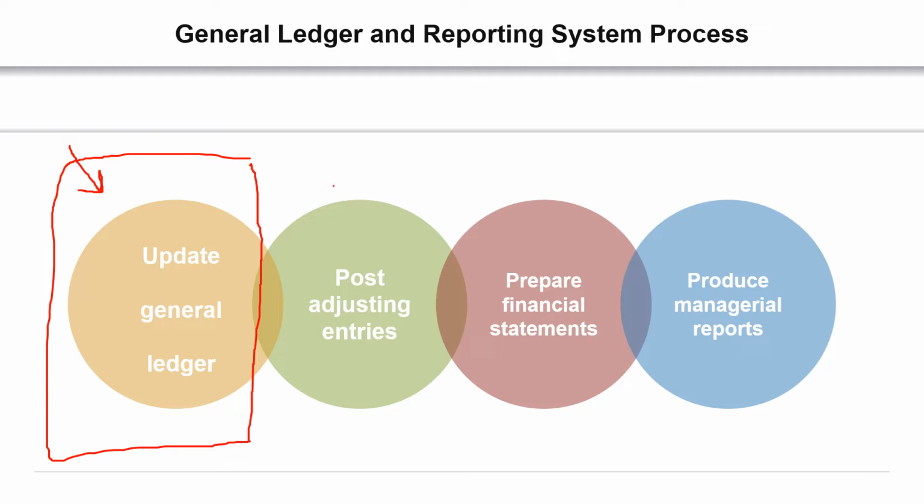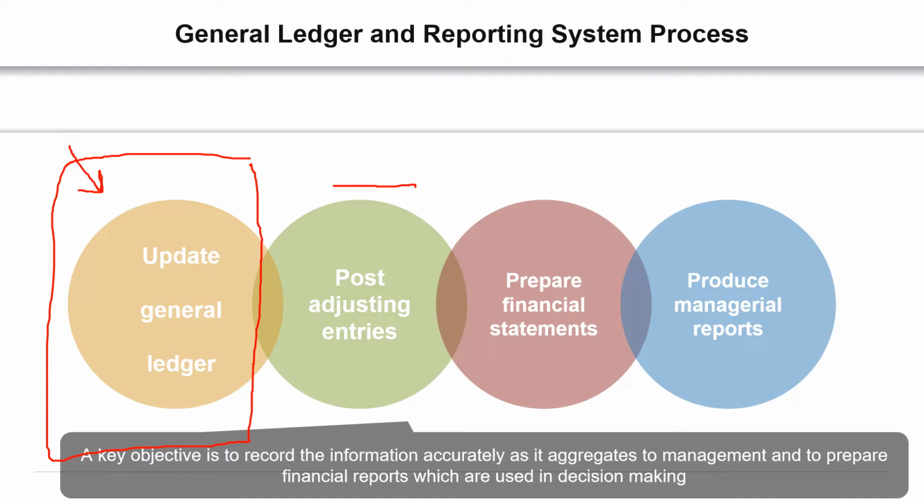But posting adjusting entries, preparing financial statements, and producing managerial reports happen in the general ledger and reporting system process. So the key objective of the general ledger and reporting system process is to record information accurately as it aggregates to management and to prepare the financial reports used in decision making. So the ultimate objective of the reporting systems is to be used in the decision making process.